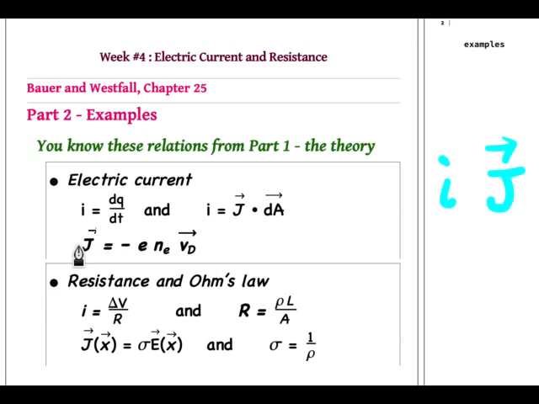And it was shown in part one that the current density is given in terms of the drift velocity.